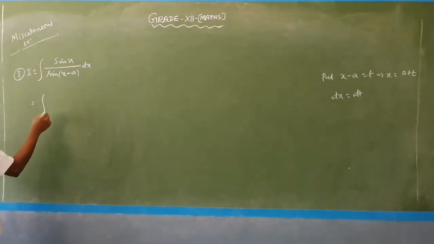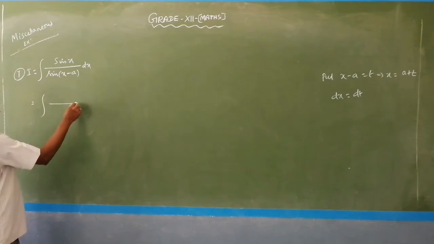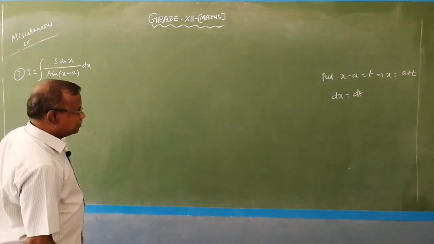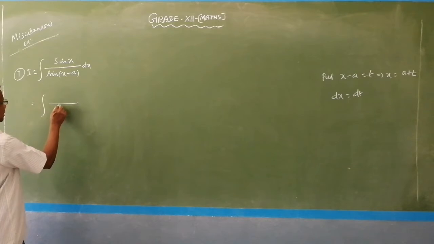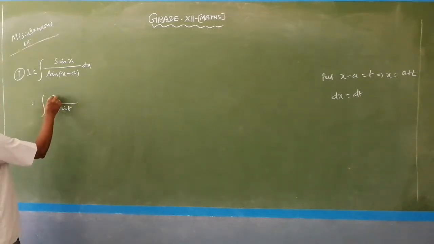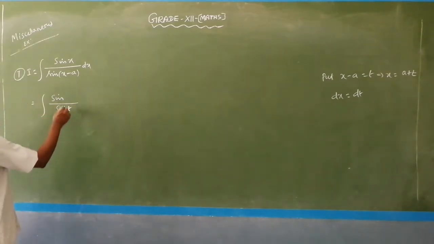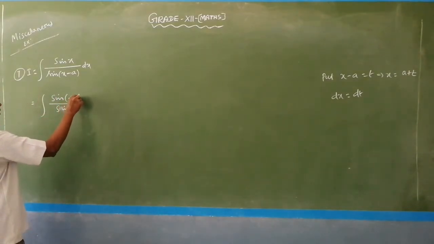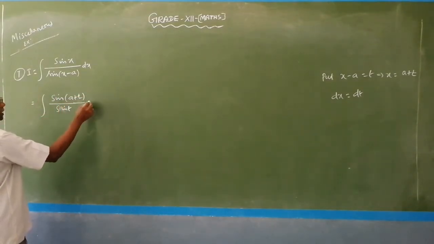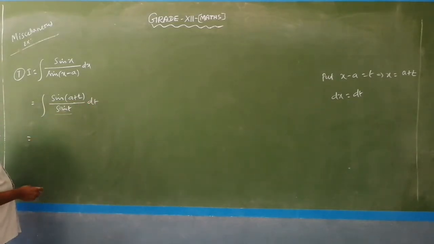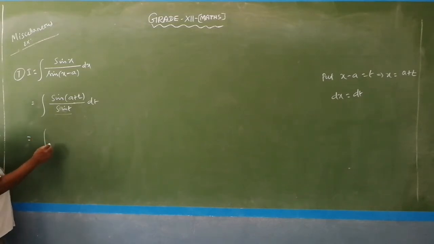So, I equal to integral. Now, in the denominator sin of x minus a becomes sin t, and the numerator is sin of x, which means sin of a plus t, with dx equal to dt. Let us expand this.